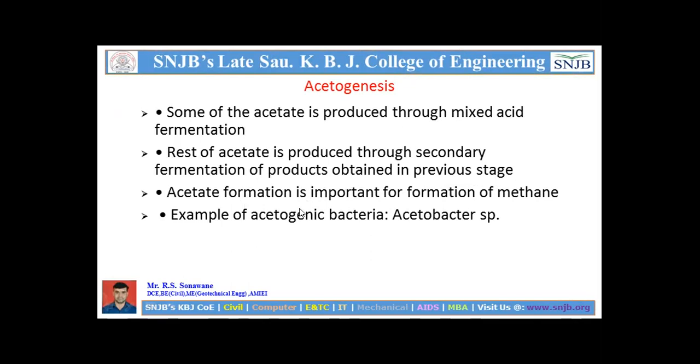Then acid formation is important for the formation of methane, and that is a very important thing. Acidogenesis is nothing but acid formation, and it is important for the formation of methane. An example of acidogenic bacteria is Acetobacter sp., which helps with the mixed acid fermentation through which acid formation is important for the formation of methane.